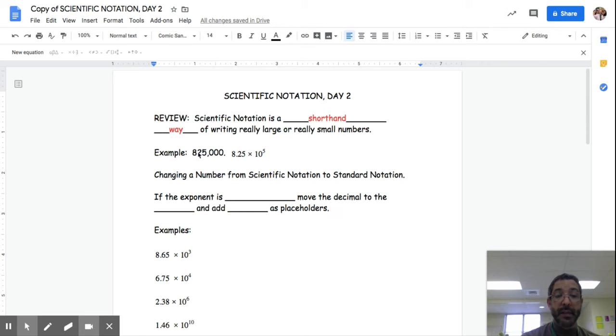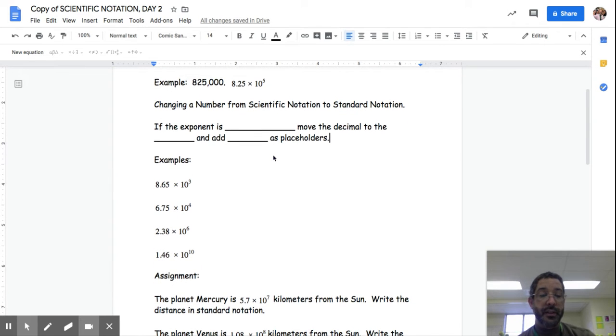Once I had one number to the left of my decimal point, I would write that number and then the next two significant digits, and then times 10, and my exponent is going to be however many places I moved when I moved my decimal. So in this case, I moved 1, 2, 3, 4, 5 places. So I have 8.25 times 10 to the 5th power. Okay, so that's what we learned yesterday.